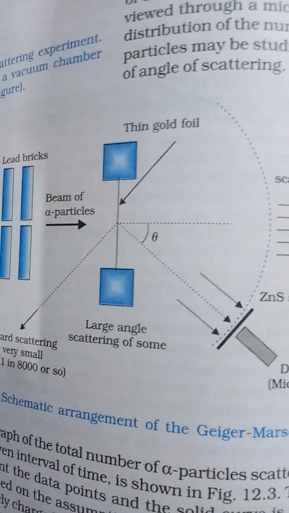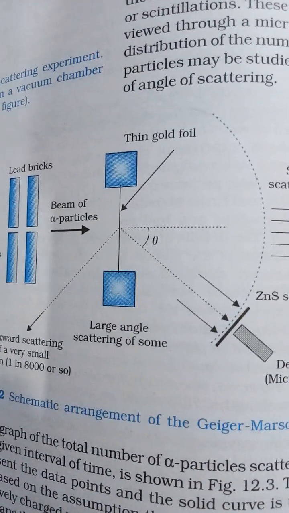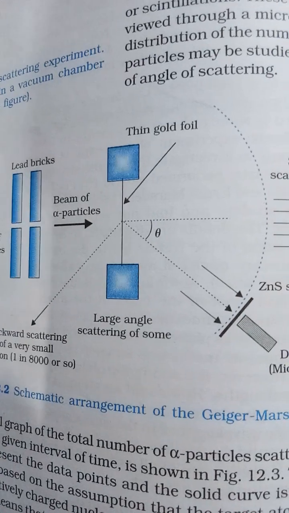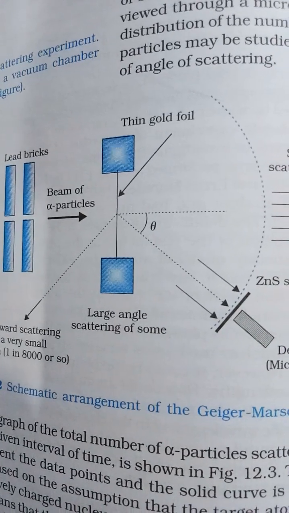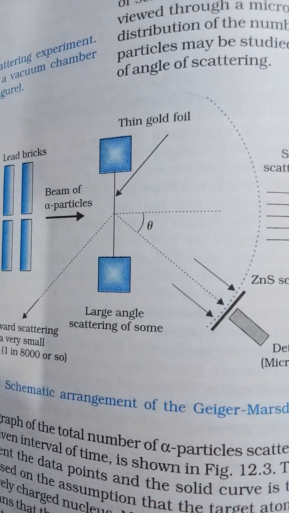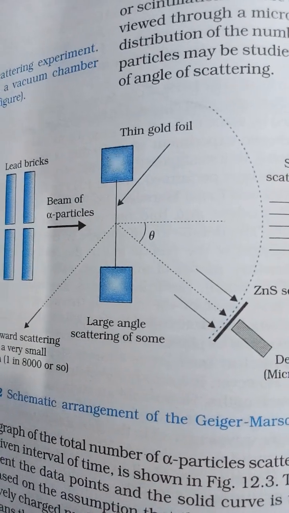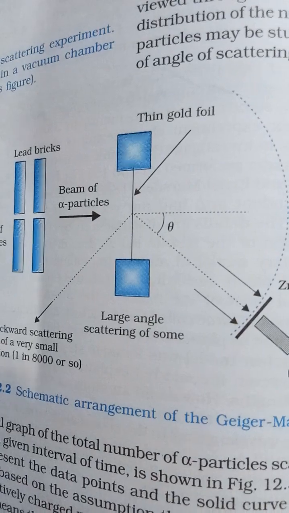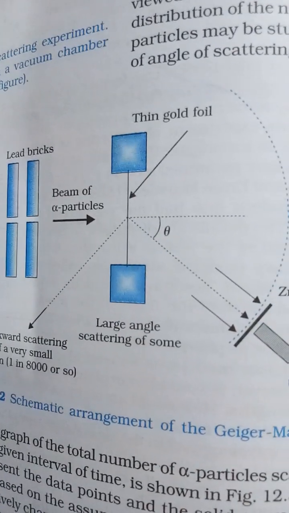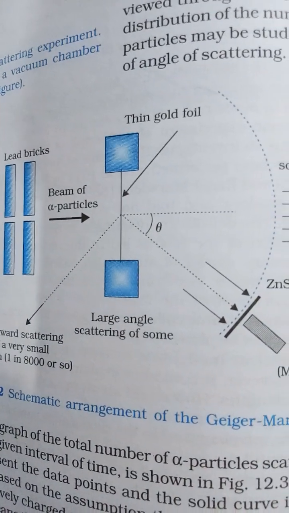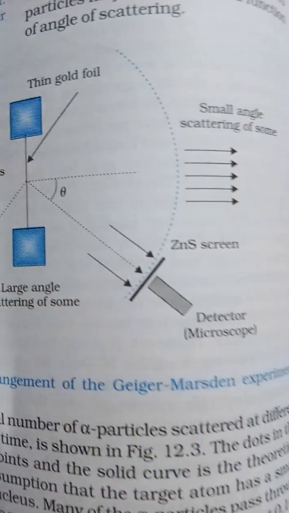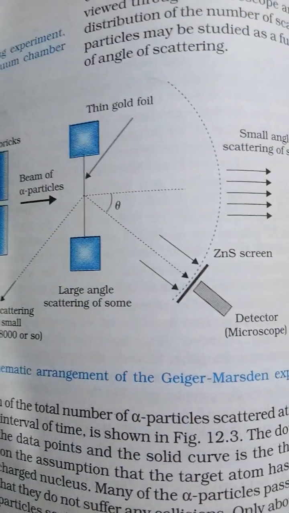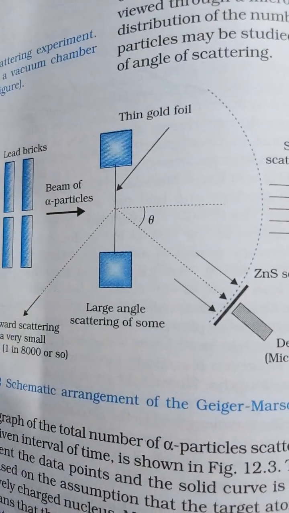The angle will be theta, and this can be shown with the help of the microscope. The naked eye cannot see these things in vacuum. So when you study and arrange the experimental methods and apparatus, the microscope will be very important for viewing the source and the activity.